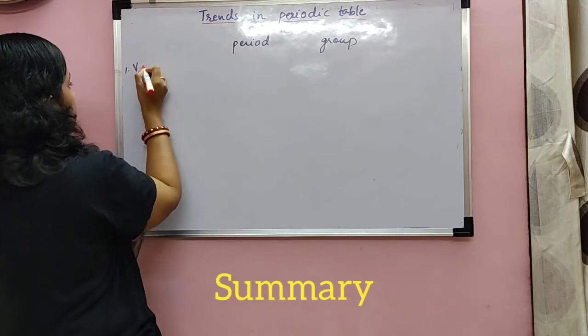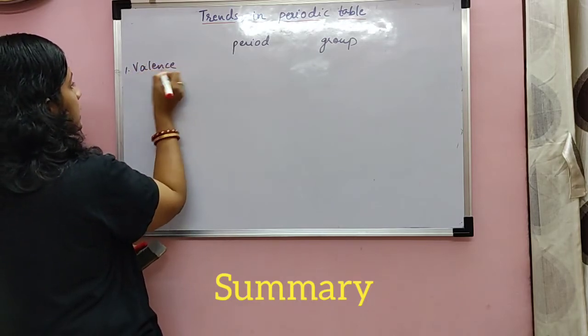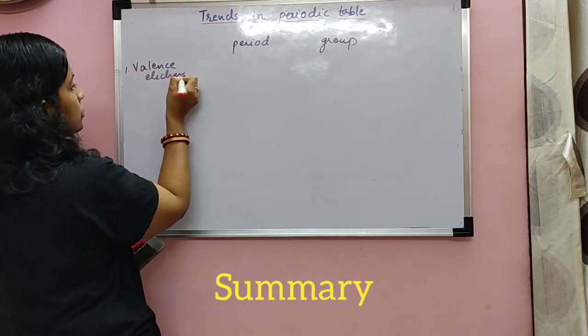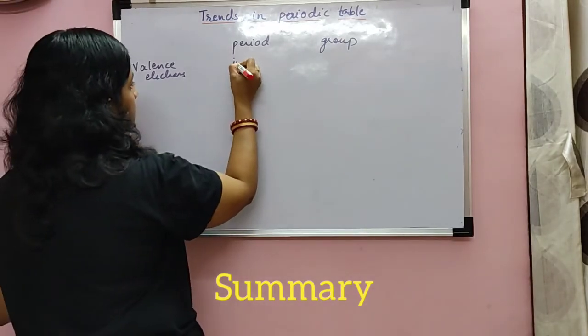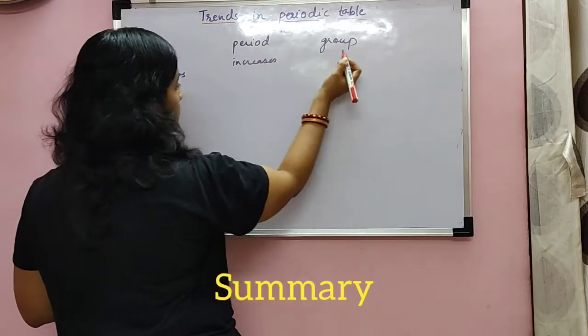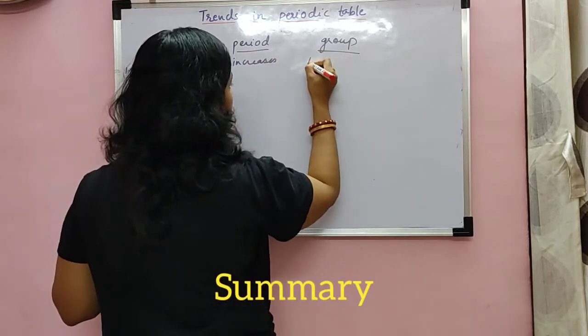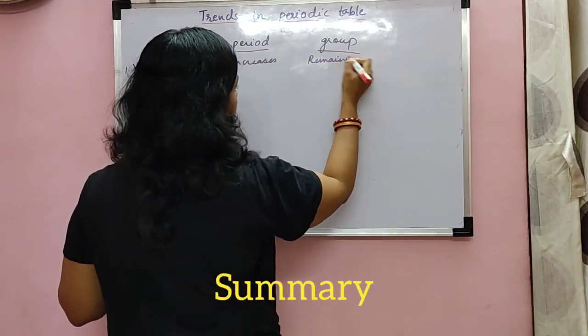First, valence electrons. What happens to the valence electrons in a period? It increases, and in a group it remains the same.